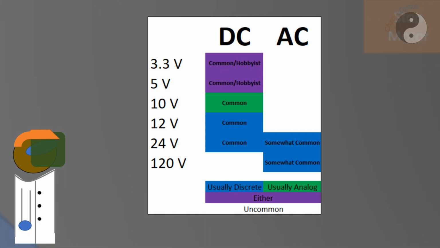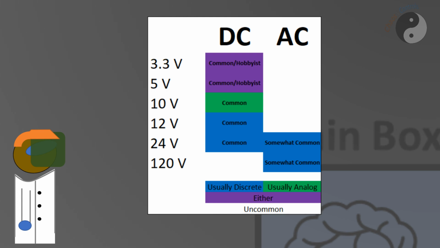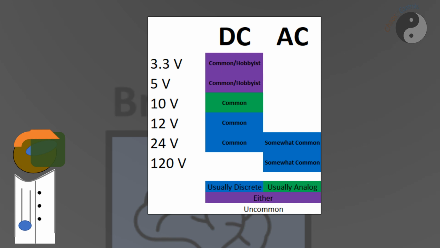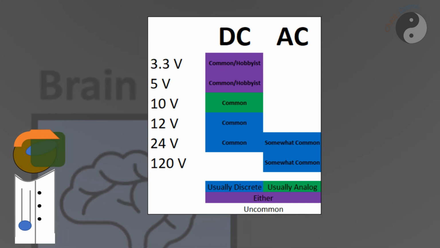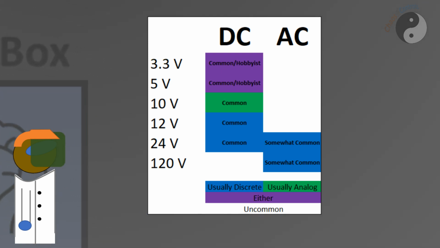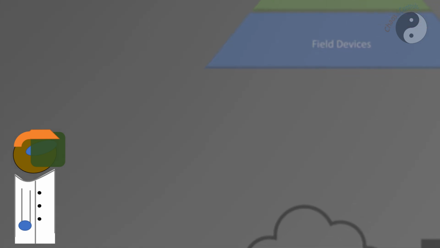You might also see a 0 to 5 volt, again for something like an Arduino or an ESP32, or even a 0 to 3.3 volt depending on your particular system. Those are normally going to be DC values, and it is more common for anything 24 volt and below, particularly 12 volt and below, to use DC, but there's no reason that you can't use an AC voltage.